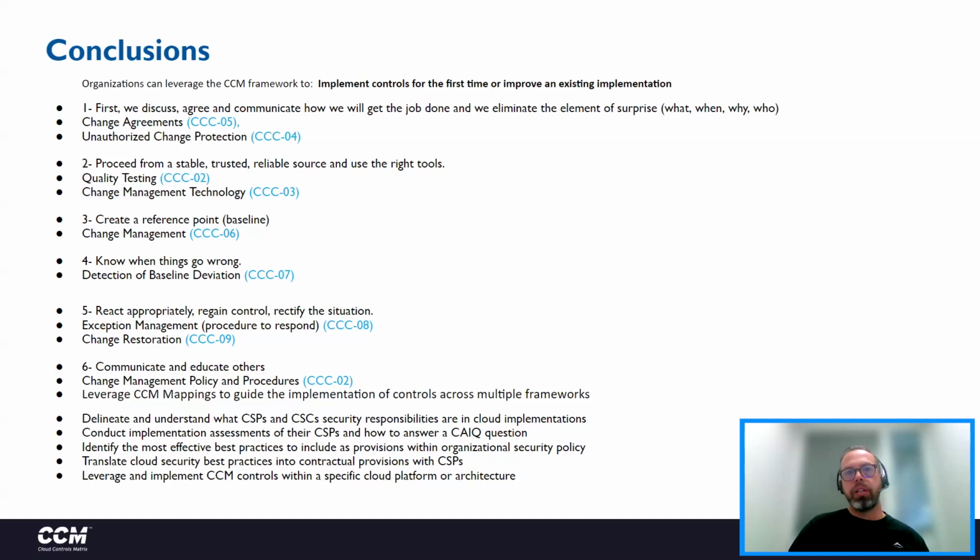Clarify, communicate, set up agreements, make sure you understand who is responsible for which areas and implement these controls. Leverage the CCM controls. Look at the implementation guidelines, which are available for free, and test your own environment and your own posture, and make sure you refine and improve, and refine and improve, and you will reap the benefits of investing in this area.